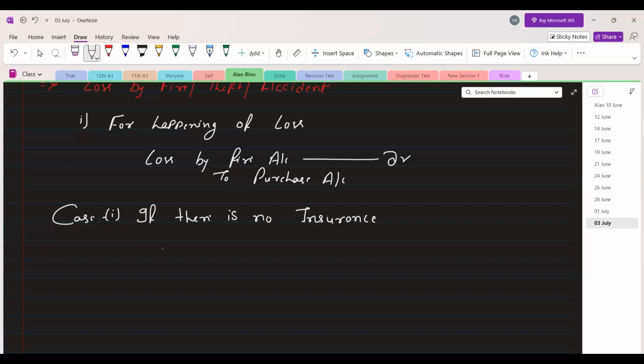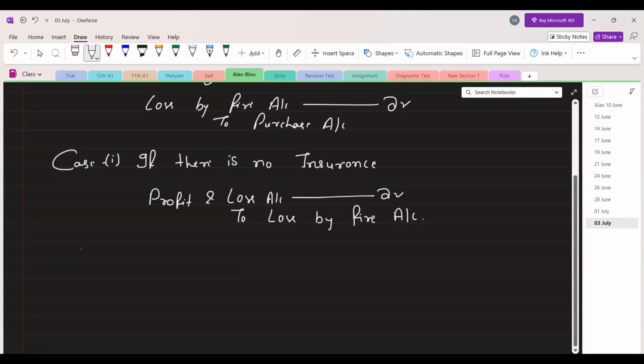There is nothing we will get from someone or some company. So that's why it is actual loss. It will be transferred to profit and loss account. So profit and loss account debit to loss by fire account. If there is no insurance, then this loss by fire that we have written on the debit side in the first entry will be transferred to profit and loss account by crediting it.